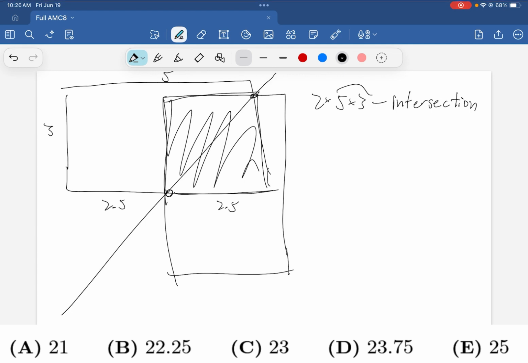So there's no reason for this rectangle to not be a square. So this is also going to be 2.5. The area of this is going to be 6.25. It's 2.5 squared. So the total is 30 minus 6.25, do some math, you get 23.75. So the answer is D.